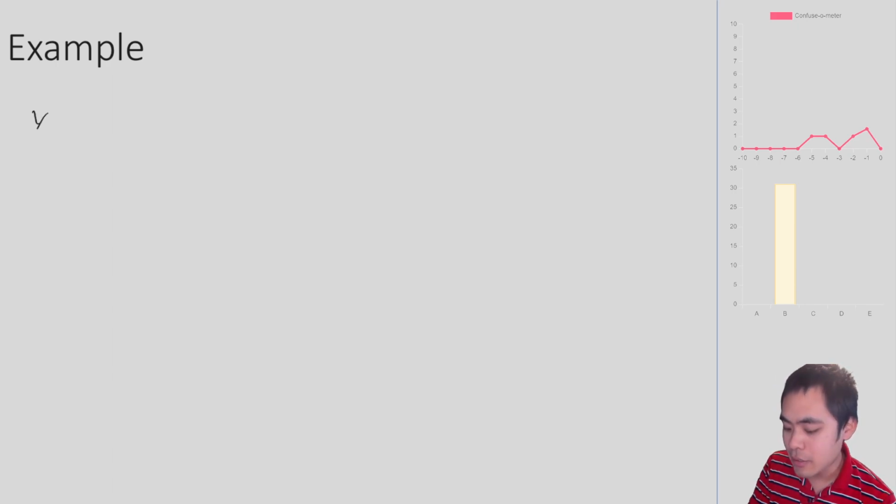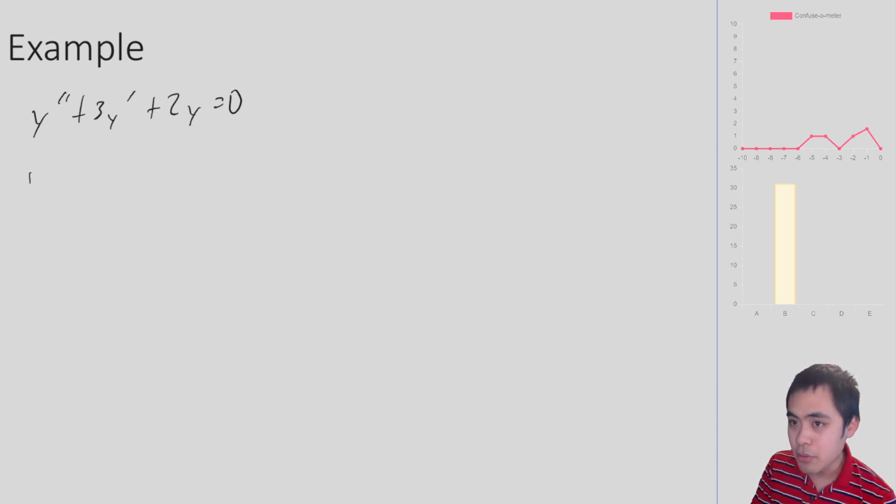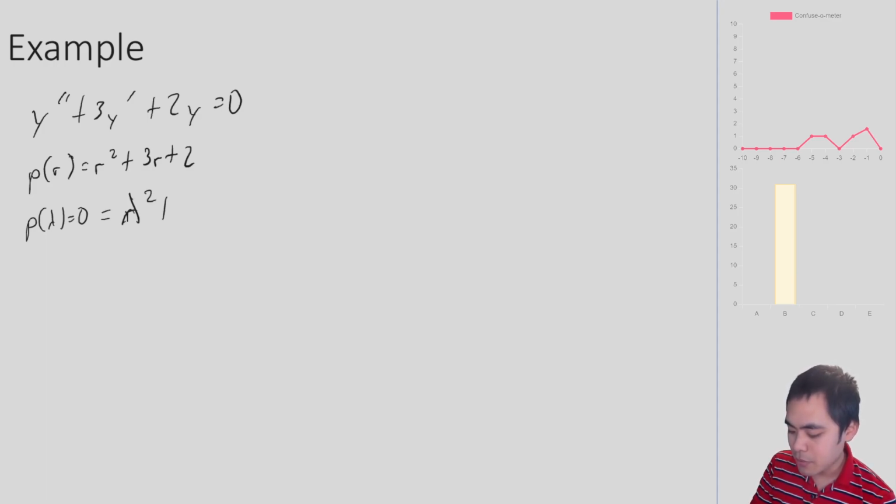So let's say that we had y double prime plus 3y prime plus 2y is equal to 0. Okay, so now we have p of r, so our polynomial, is equal to r squared plus 3r plus 2. And we want p of lambda to be equal to 0, so that's equal to lambda squared plus 3 lambda plus 2.